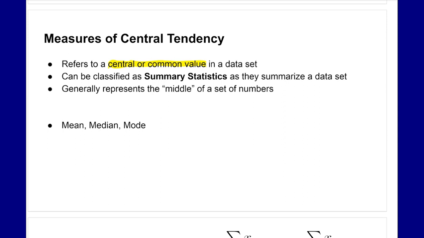They summarize what we're looking for, and generally, they represent the middle of the data. Right? We're talking about the central value, what the middle looks like. And the three types are mean, median, and mode, which I'm sure you've heard of before. If not, we are going to go over them again.